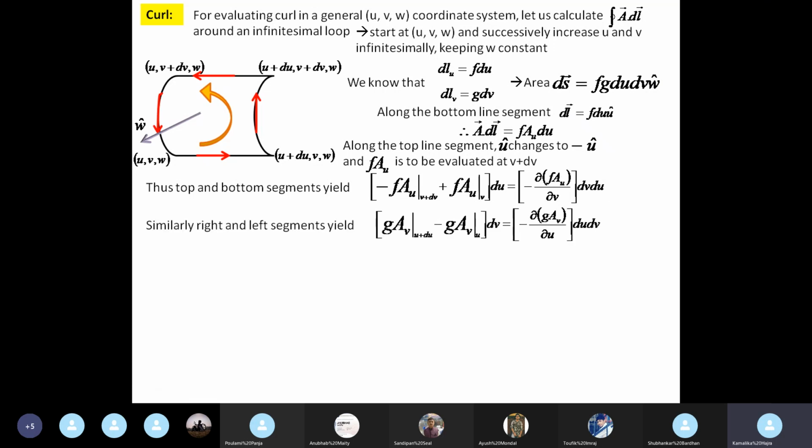Similarly, the right and left segments yield ∂/∂U of (G A_V) dU dV, where you first go from here to here and then from here to here. So the total, when you move in a loop anti-clockwise on this closed curve, you get ∂/∂U of (G A_V).